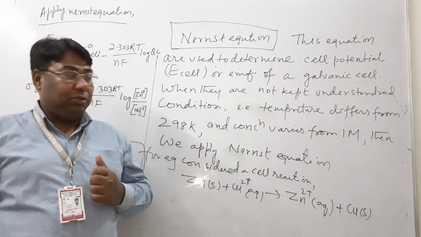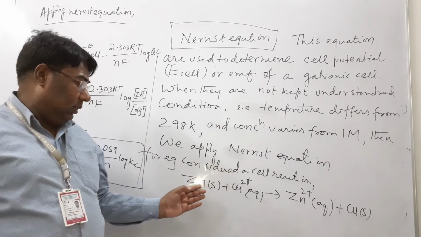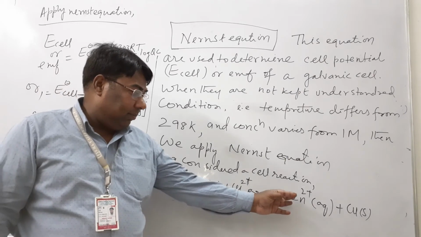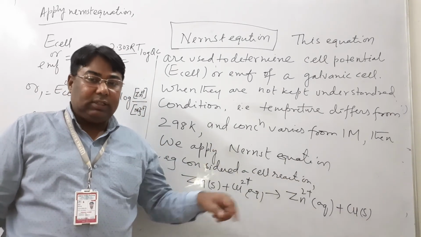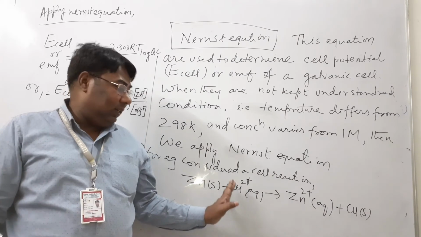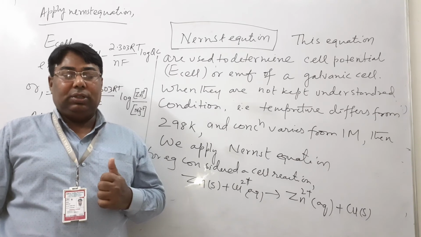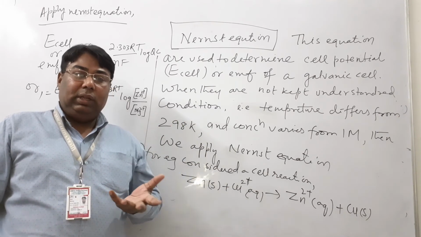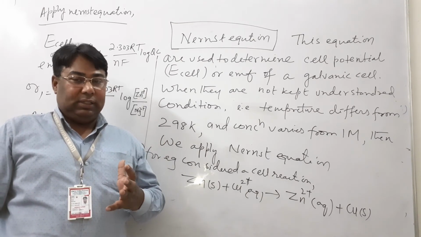So for example, consider a cell reaction: Zn solid plus Cu2+ aqueous gives Zn2+ aqueous plus Cu solid. For this equation, suppose that this cell reaction is not under the standard conditions. So for this we apply the Nernst equation to determine the cell potential.